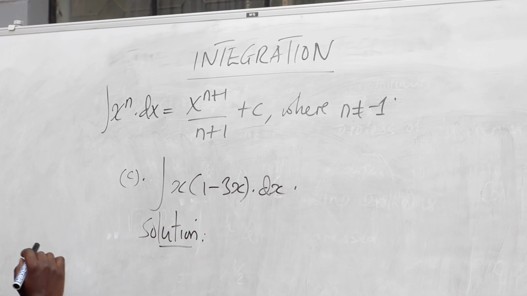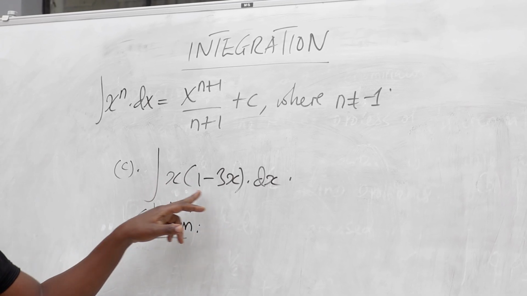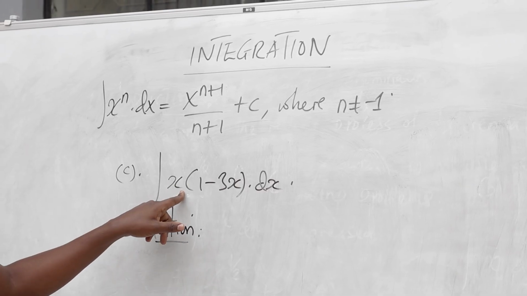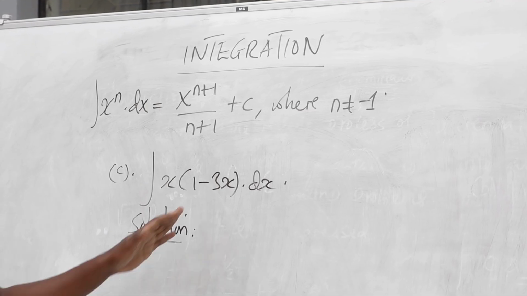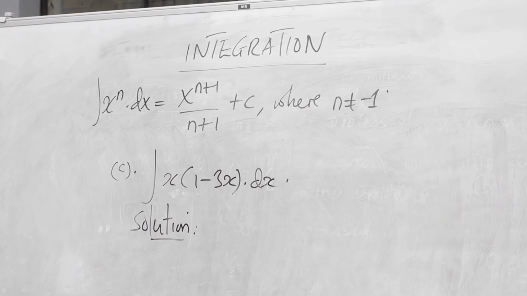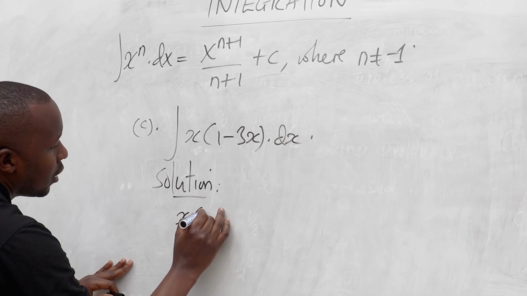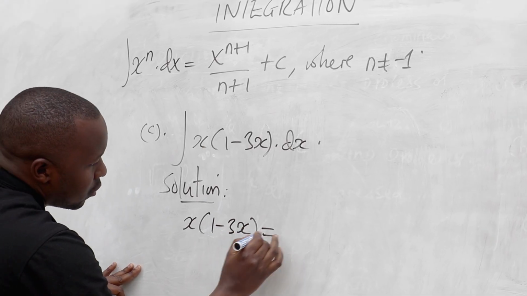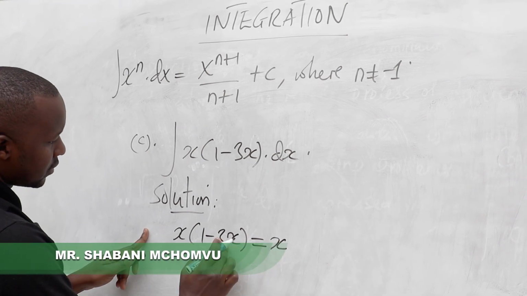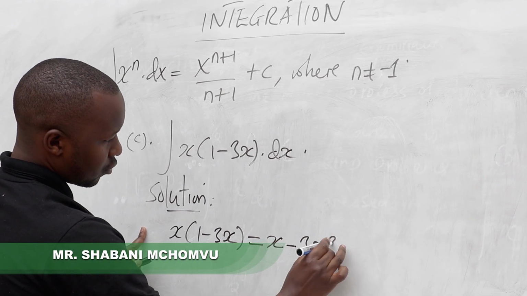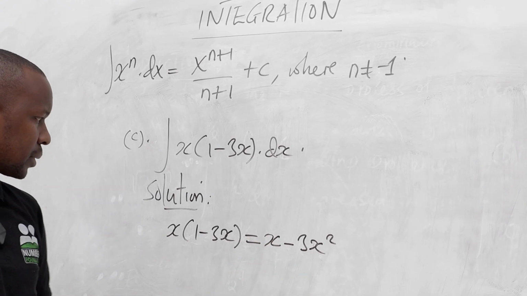For us to integrate, we need to simplify first by multiplying with this x outside, so as to have powers separated by the operator either plus or minus. So we say x times 1 minus 3x. You open the bracket, so it becomes x minus 3x squared. So now we can see powers separated by the minus operator.